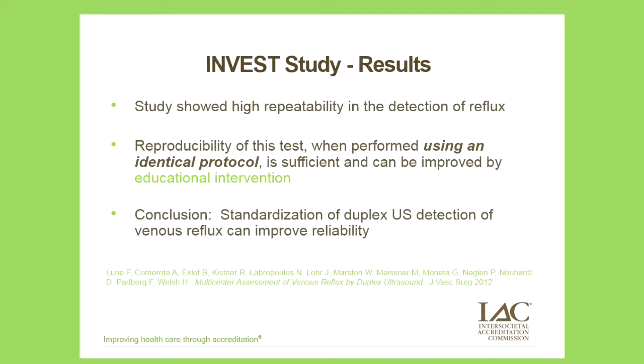Part of this study showed that with educational intervention, we can accomplish that. And that's very encouraging. We can get standardization, whereas now when you look at the studies, we only have maybe 70% agreement. Well, that's okay, but I think all of us would like to be more in the 90% agreement of what we see. And some of that, again, is hopefully going to be accomplished by some of these webinars.